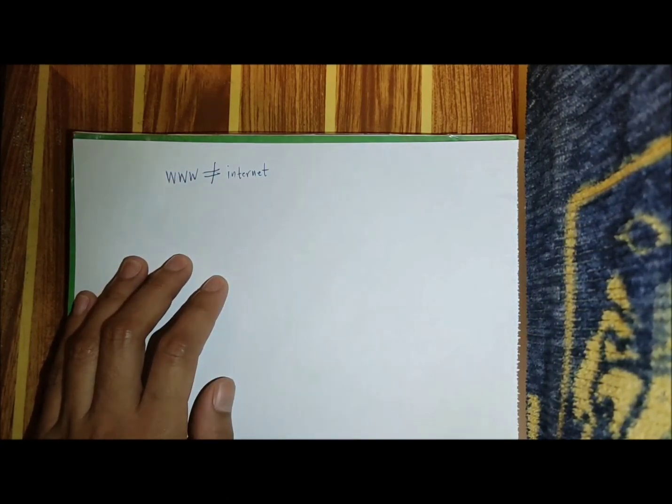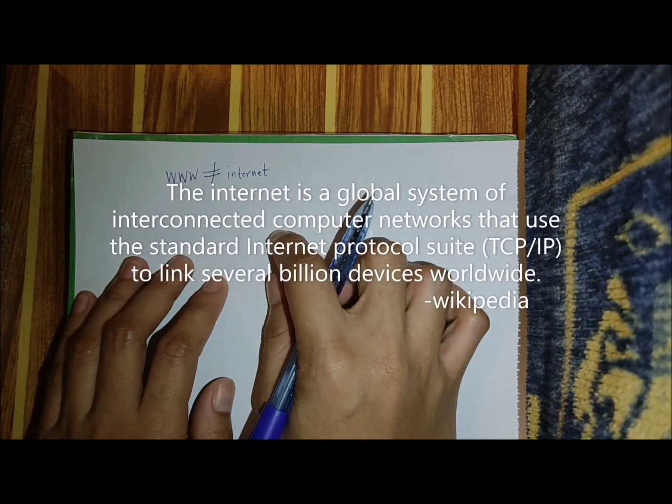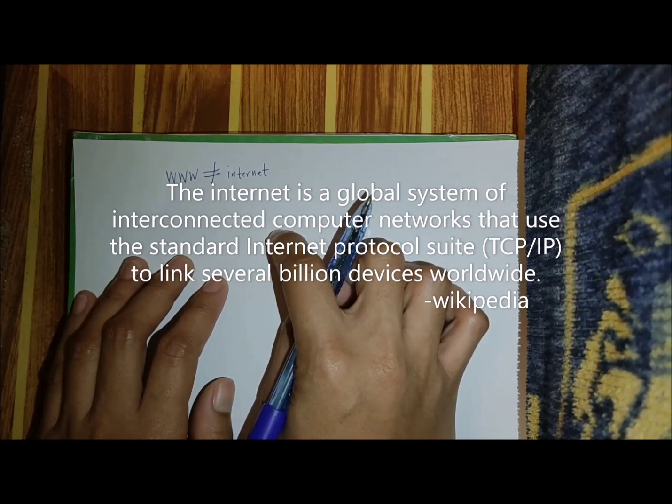And from Wikipedia, the internet is a global system of interconnected computer networks that use the standard internet protocol suite TCP/IP to link several billion devices worldwide.